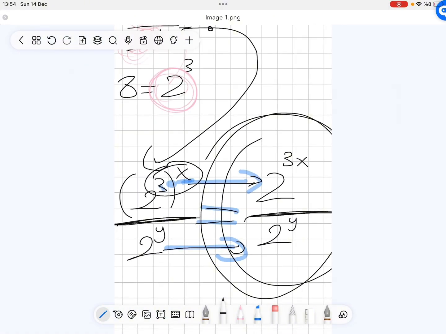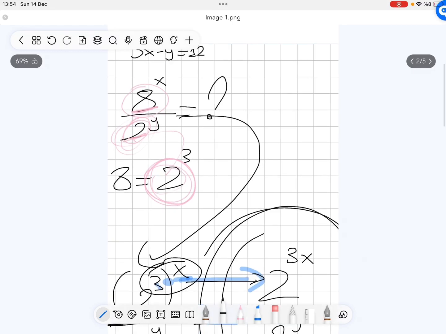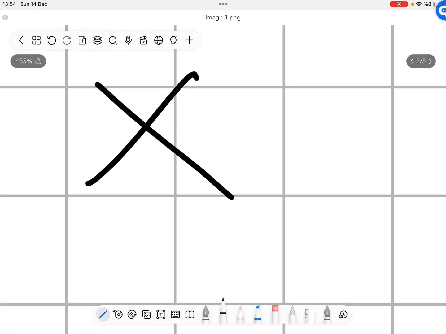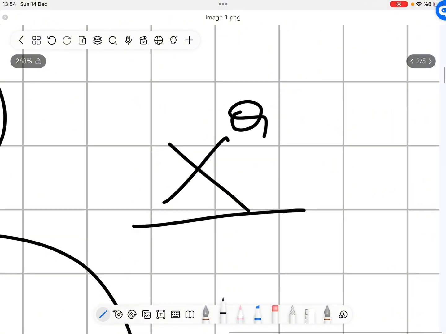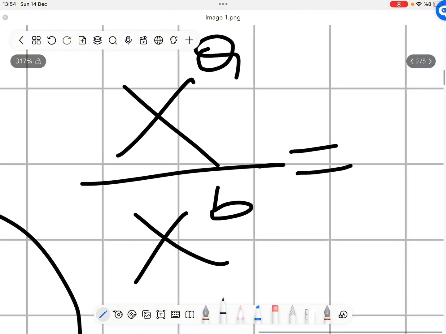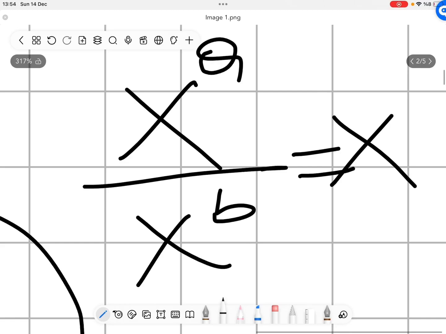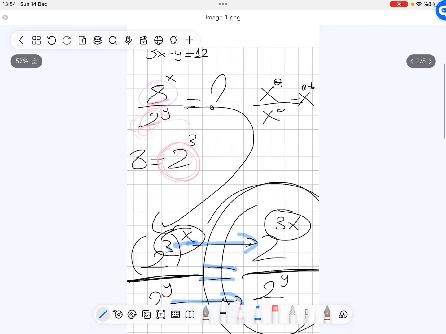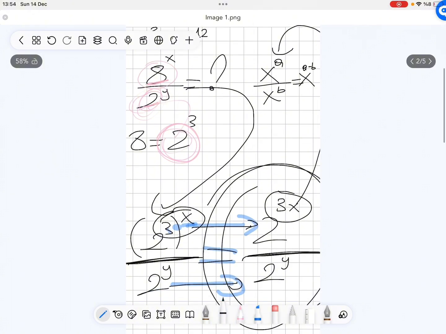We are just one step away from the solution. I said x to the power of a divided by x to the power of b is equal to x to the power of a minus b. And we have 3x for the a and y for the b, and our x is 2 in here.